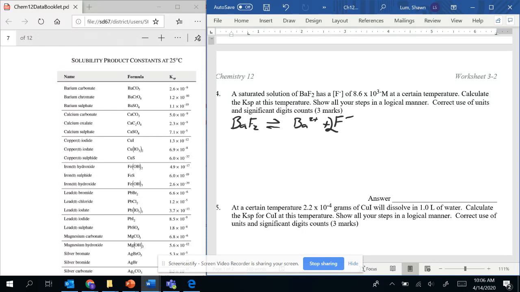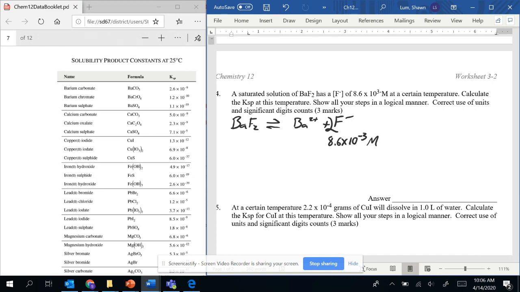Now, it says that the concentration of the F- in solution is 8.6 times 10 to the minus 3. That's that concentration. Now, this concentration of F- is going to be twice as much as the concentration of Ba2+.